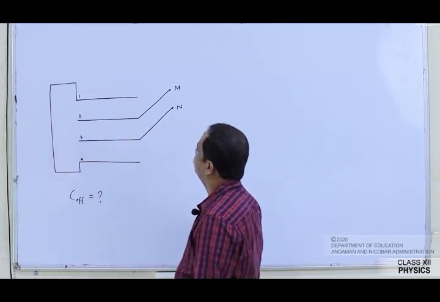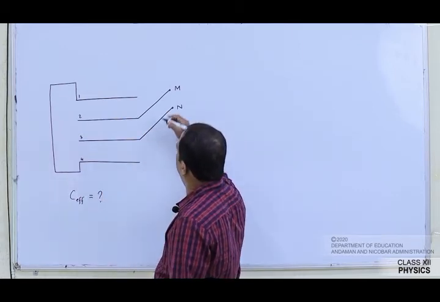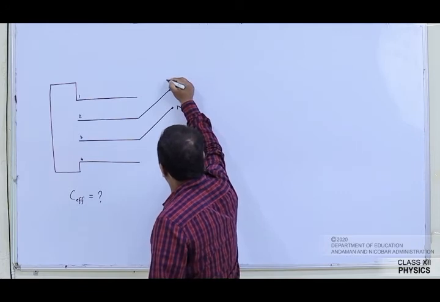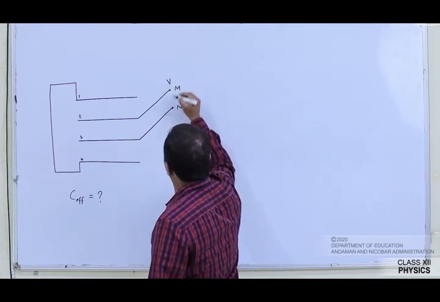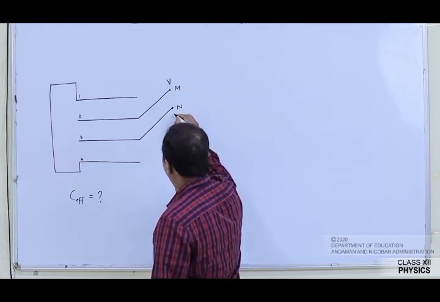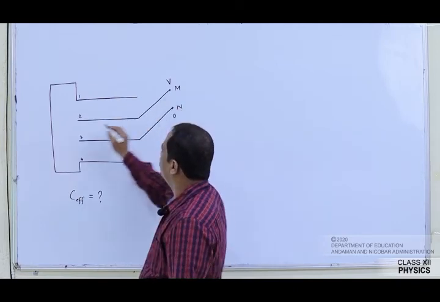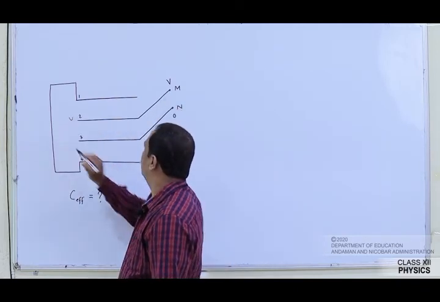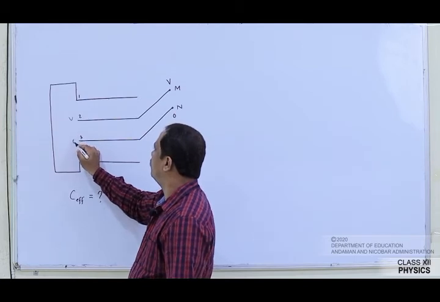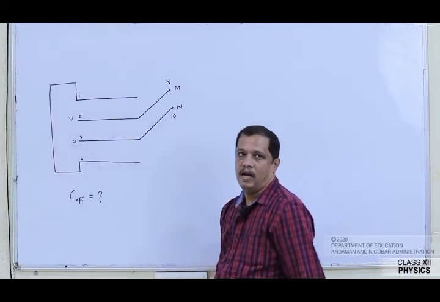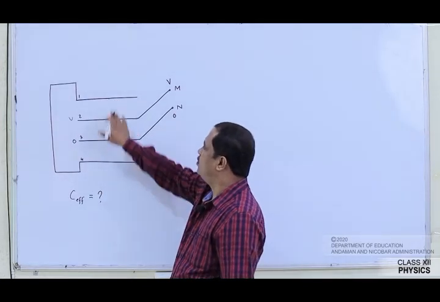To calculate, now let me say this has a potential of capital V, this has a potential of 0, so that means this will have a potential of V, this will have a potential of 0, and I don't know what will be the potential of these two plates.